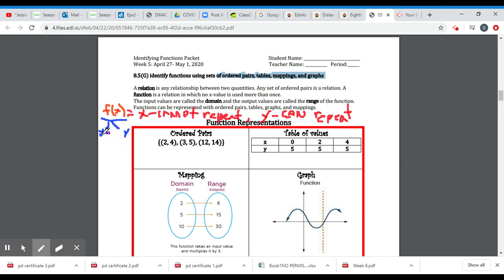So besides x, they may refer to the x value as the input and the y value is the output. So those are two words that we need to familiarize ourselves with for x and y.